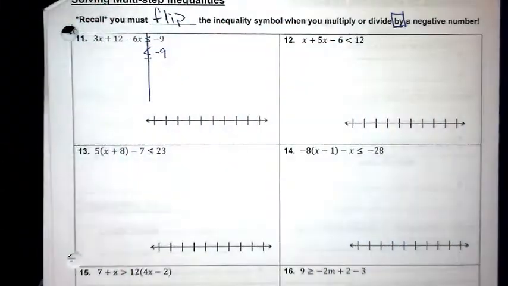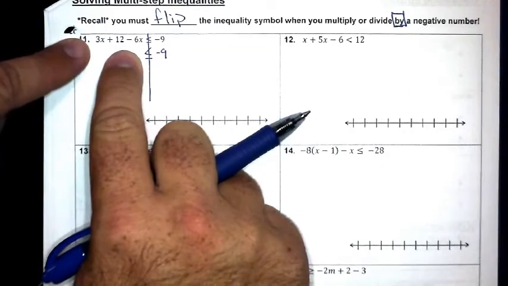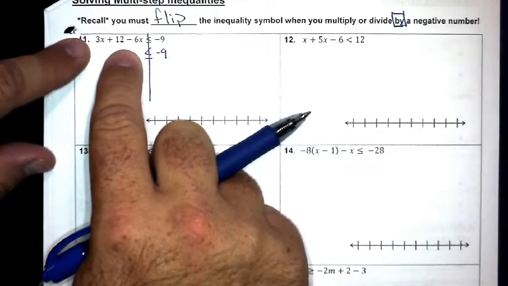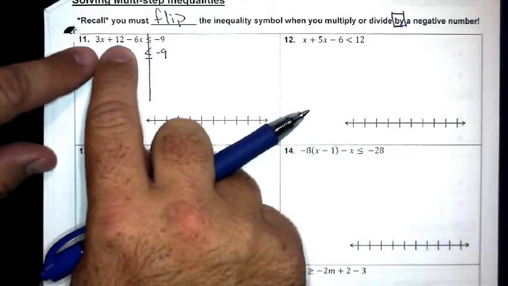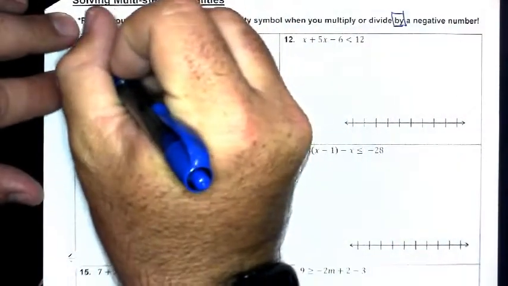No, I do not. Do I need to combine any like terms on the left-hand side? Yes. My x's. I need to combine my x's. All my x's live in Texas. That's not true. I went to Oklahoma State. There's some in Oklahoma.